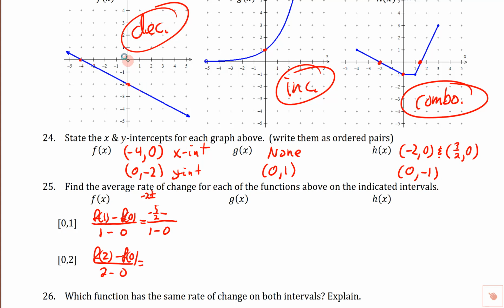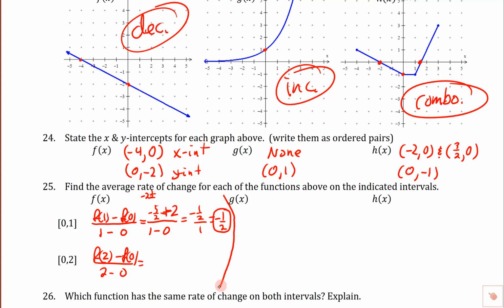So we go to 0 on the x-axis, and then we're going to go down here to negative 2. And notice when we've got a minus minus, that's going to turn that to a plus. So we've got negative 2.5, which is right up here, plus 2. So this is going to end up being negative 1/2, and then we've got a 1 on the bottom. So negative 1/2 divided by 1 is just negative 1/2. So I'm going to go ahead and circle that.